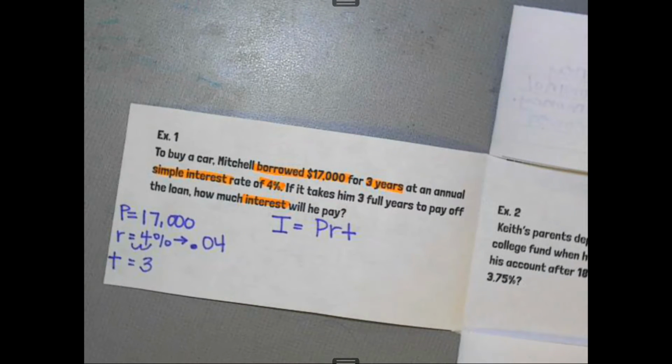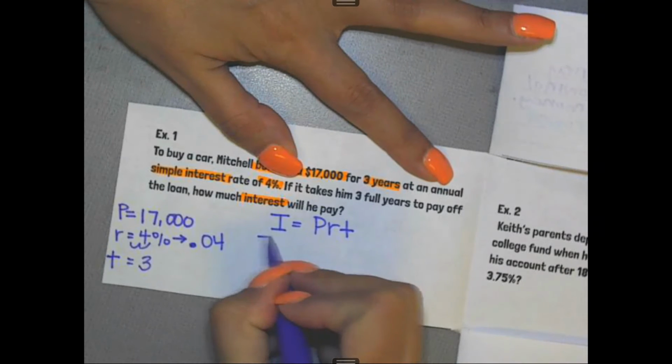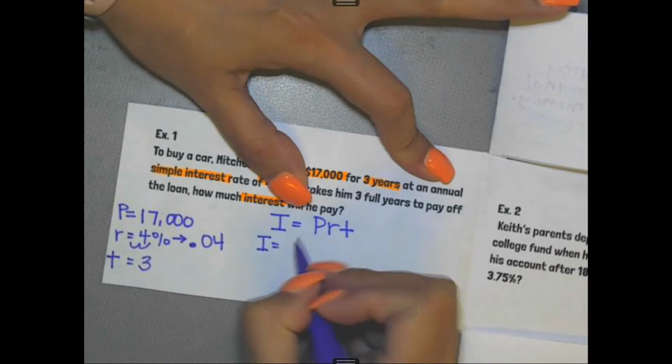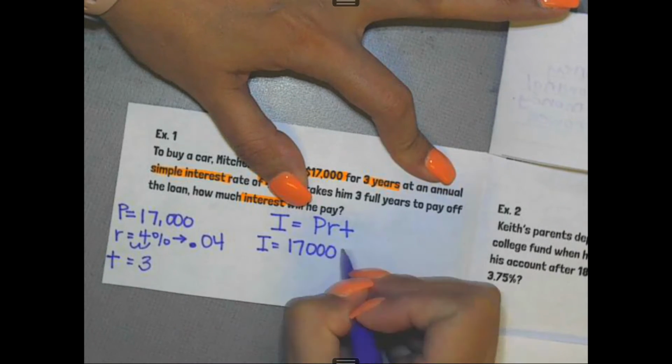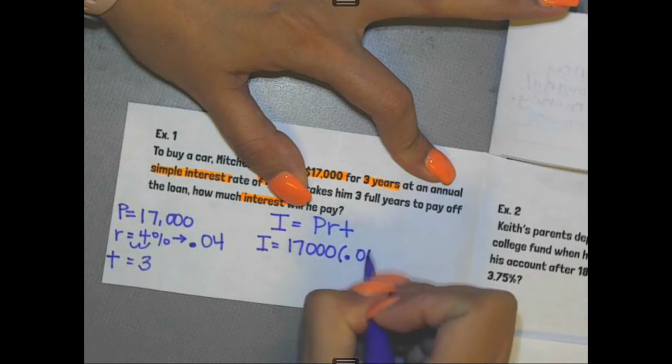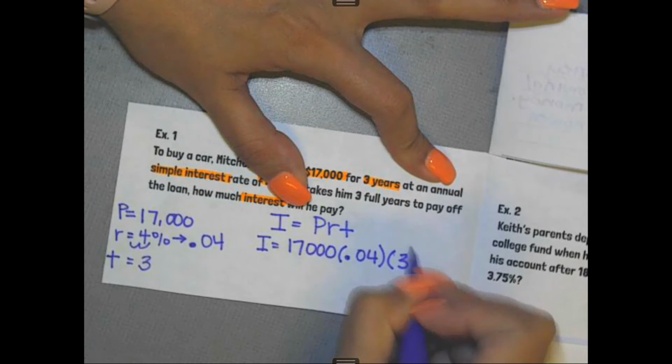So once we've figured out what our letters represent, then we're going to go ahead and plug them into the formula. So I equals 17,000 times 0.04 times 3.